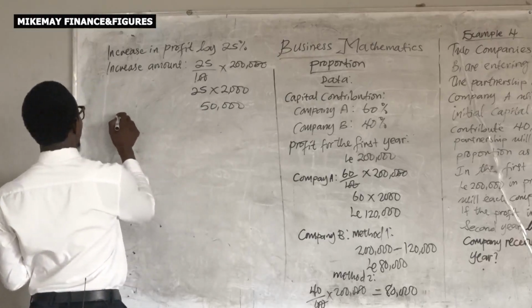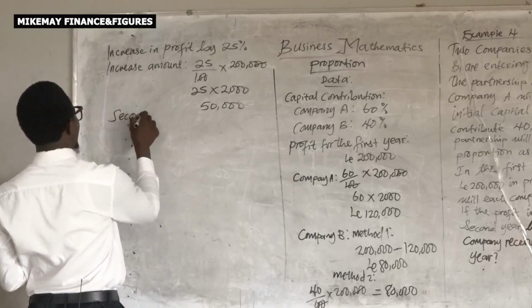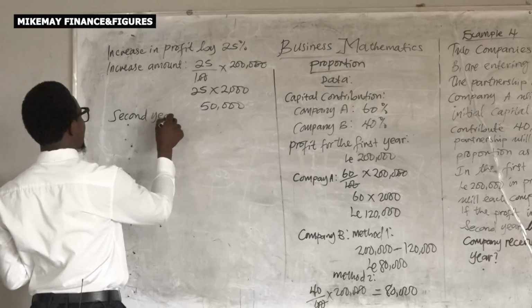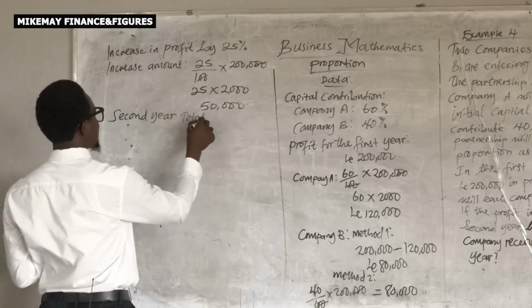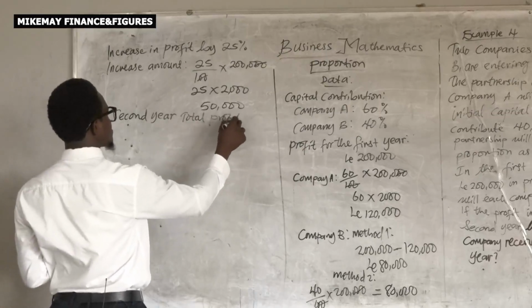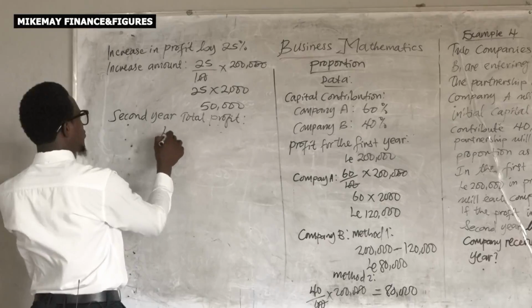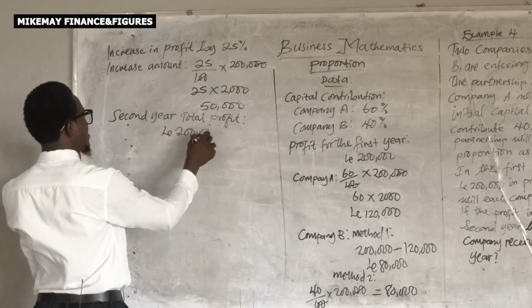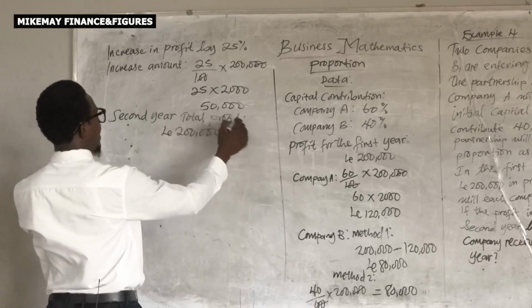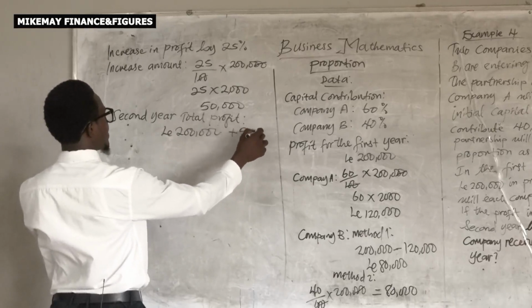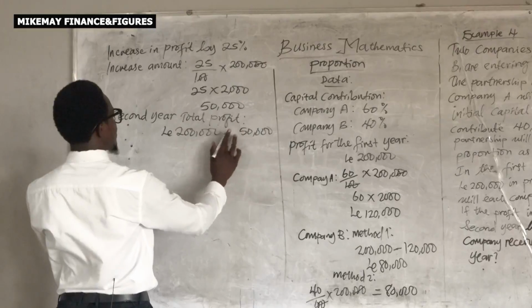So in year 2, second year total profit will now be the first year profit, which was 200,000 plus the increase amount of 50,000, okay?